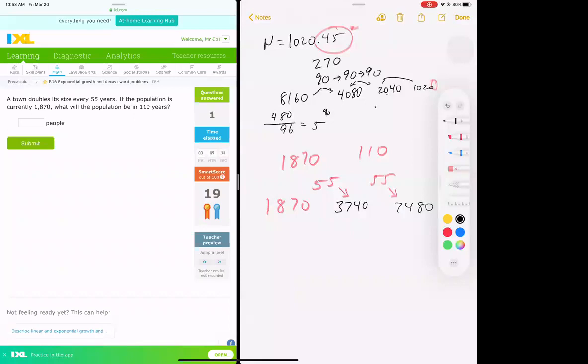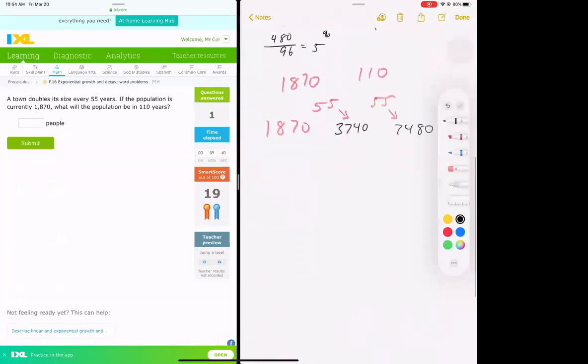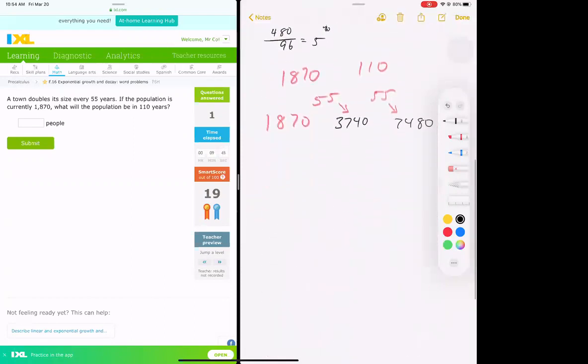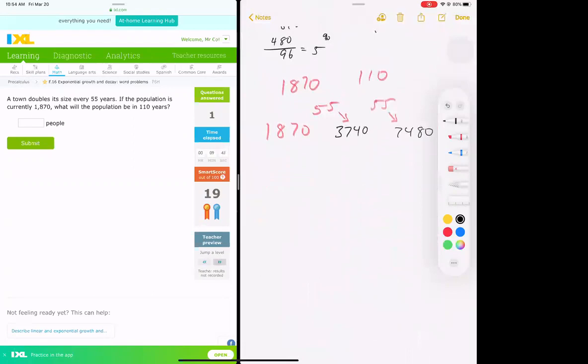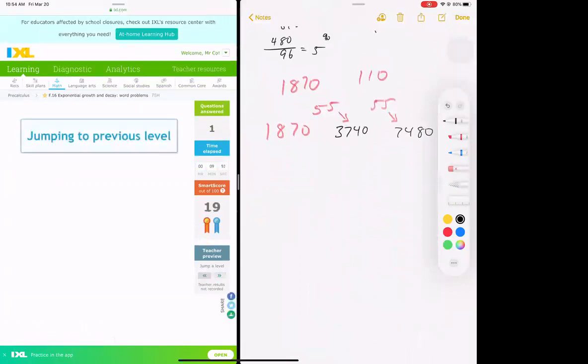So for these problems, sure, you didn't have to practice all this stuff up here, but this is how you're supposed to do it for values that don't fall within the nice divisible values. But how do you set it up if you're actually trying to figure out the answer?